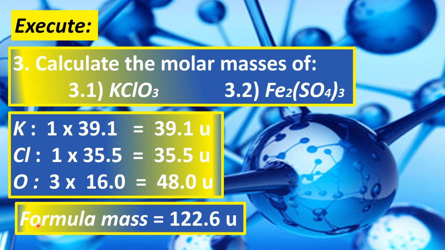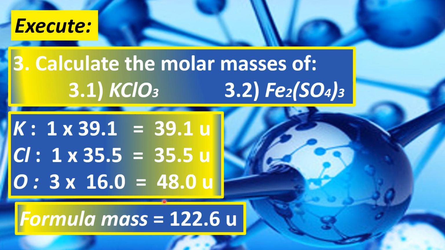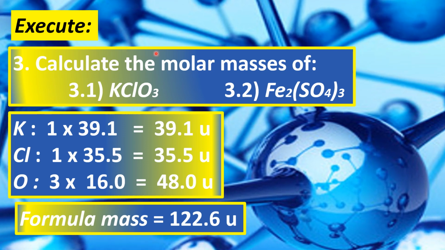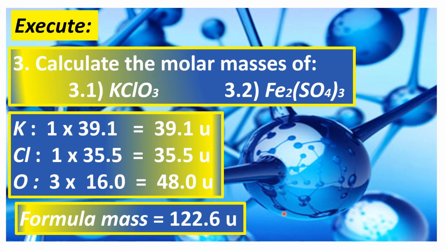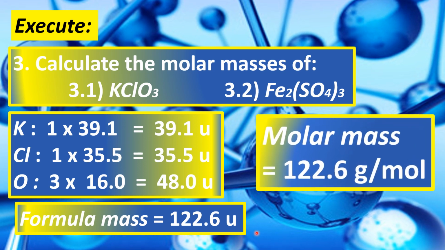We use the term formula mass because potassium chlorate is another example of an ionic compound. But since we are asked for the molar mass of this compound, we simply express the formula mass in grams per mole.